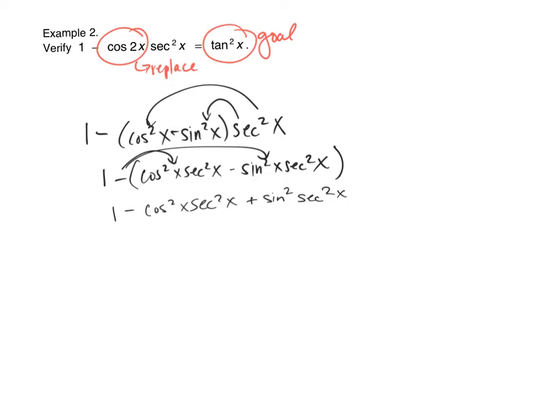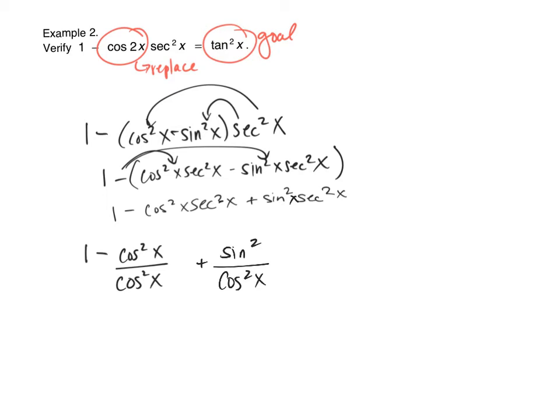Now, what I want to do is use that very first strategy where we want to turn things into sines and cosines. So in this case, 1 is still 1. Cosine is cosine, but secant is 1 over cosine, so this is over cosine squared x. My second term is sine squared x, and then secant squared x is, again, 1 over cosine squared x.